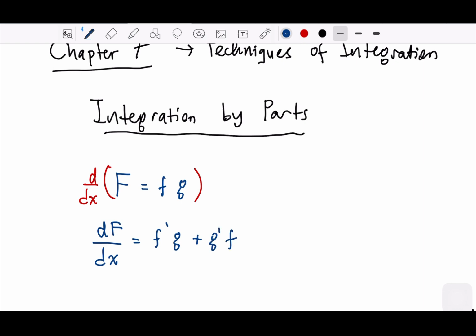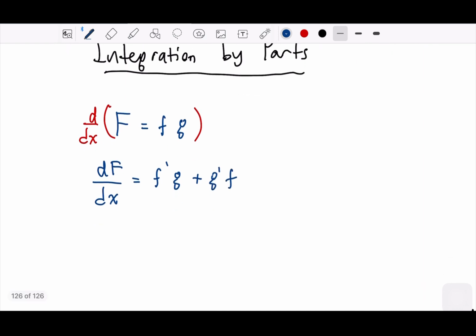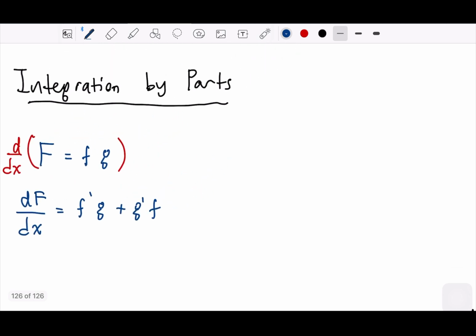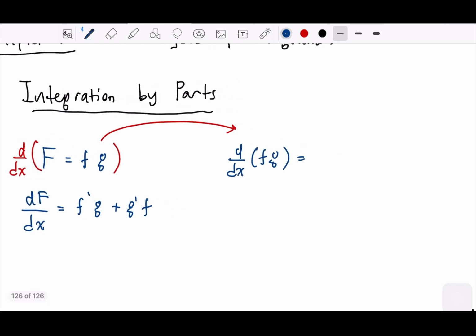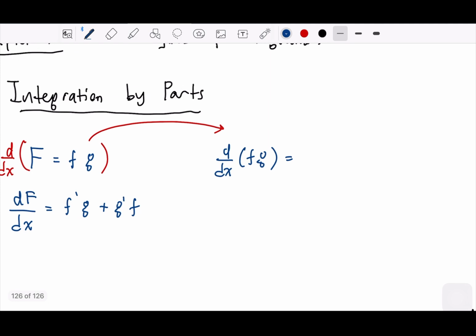Now d/dx of fg is f prime g plus g prime f.